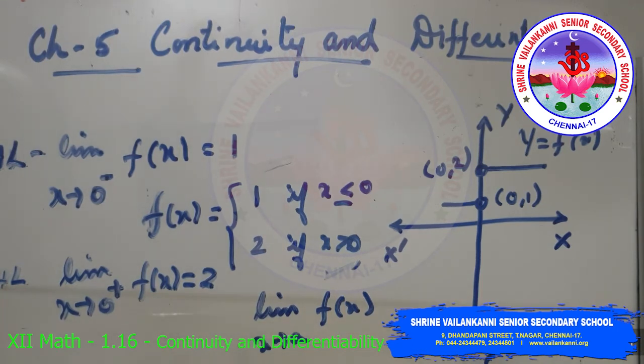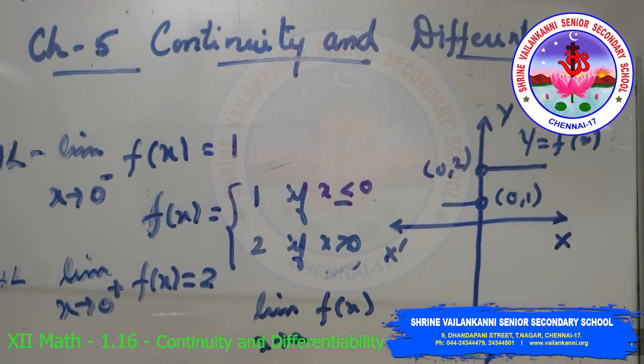So we can see from the graph that the value of the function at nearby points on the x-axis remains close to each other except at x equal to 0. At the points near and to the left of 0, that is points like minus 0.1, minus 0.01, minus 0.001, the value of the function is 1.